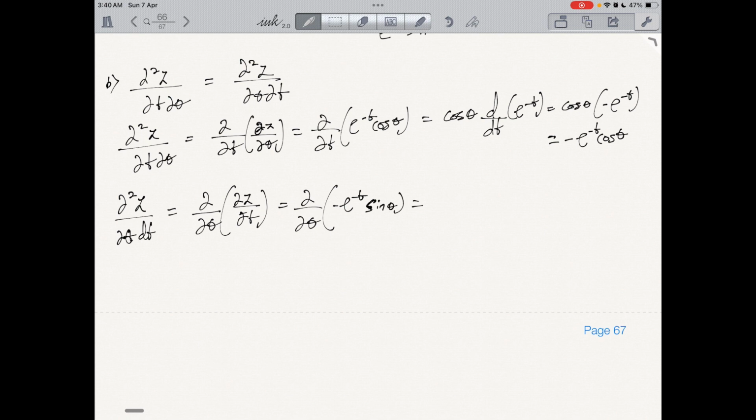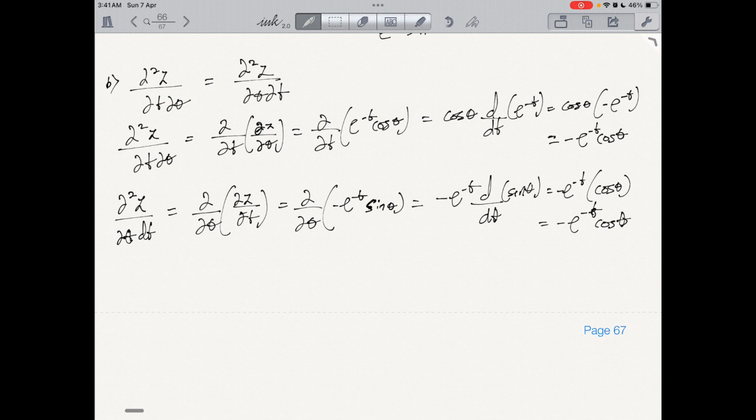Since we are differentiating partially with respect to theta, our t is kept constant, and we differentiate fully sine theta. So therefore we have minus exponential minus t, and differentiating sine theta gives us cos theta, and this is minus exponential minus t cos theta.